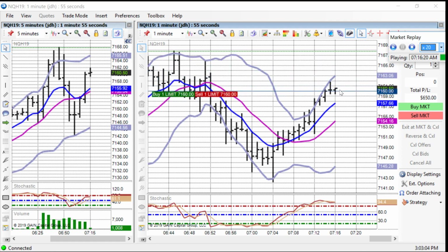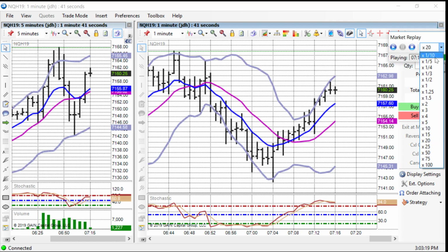See, that's parallel. I want to see it at least come below that, I think. Let's just slow it down to be sure.